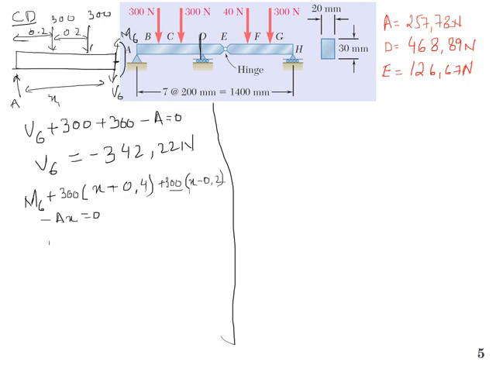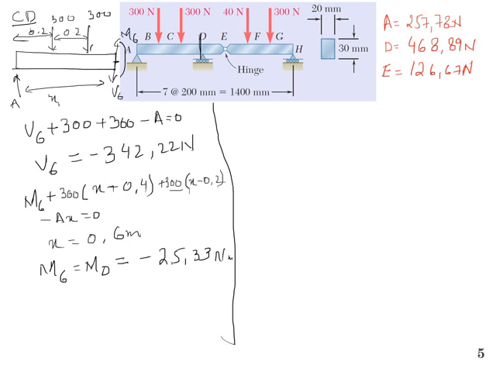Now at X equal to 0.6 meter, that is at point D, M6 will become MD, the moment at D, and if you put the value of 0.6, that is minus 25.33 Newton meter.